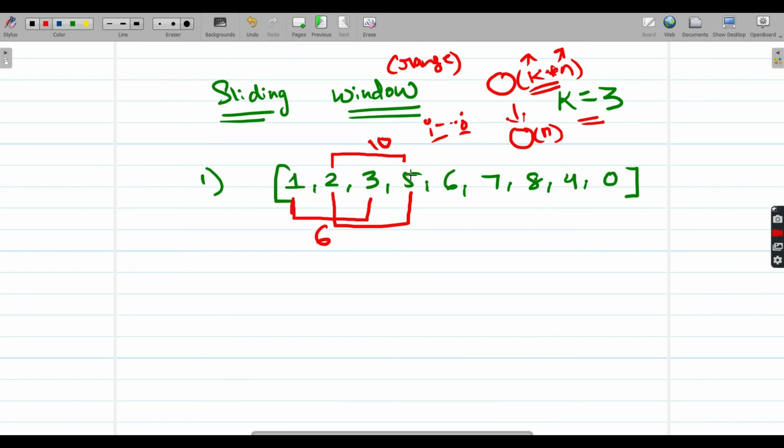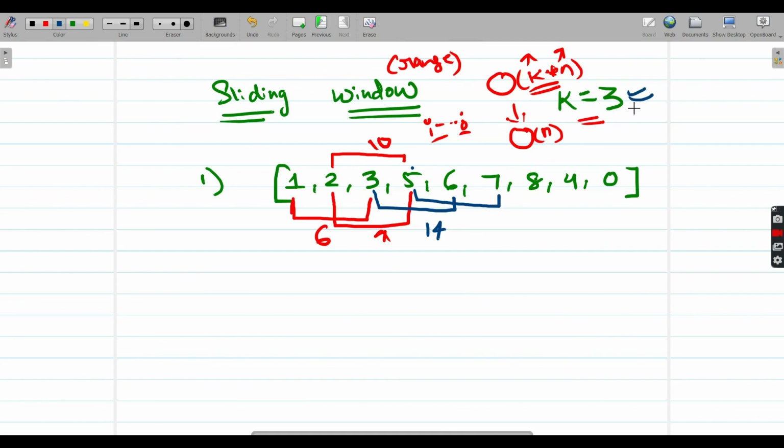Once I get this, again I'm going to slide by one position. This time I'm going to get the sum of 3 plus 5, 8 plus 6, 14. And I'm done with this subarray. Then again I slide one position, and every time I'm maintaining a window of size k.